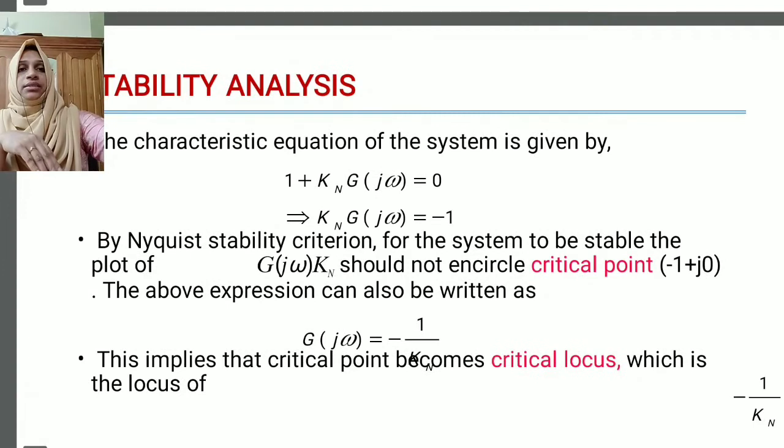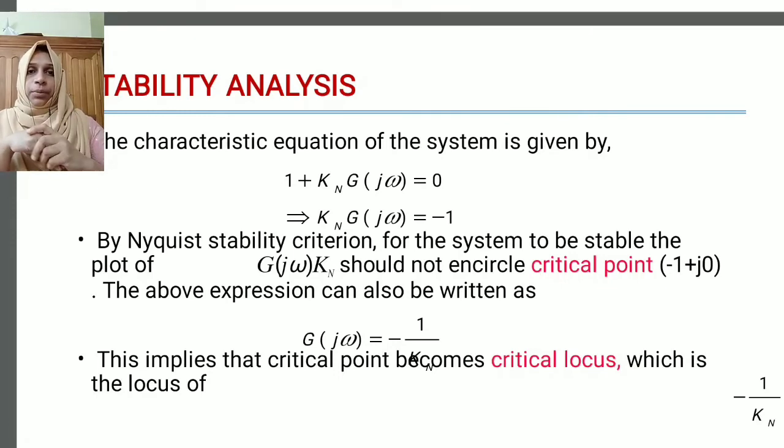So the characteristic equation of the system is 1 + Kn G(jω) = 0. So take the 1 to other side of the equation: Kn G(jω) = -1. We know by Nyquist stability criterion, the system is said to be stable if the G(jω) Kn should not encircle the critical point, that is -1 + j0.